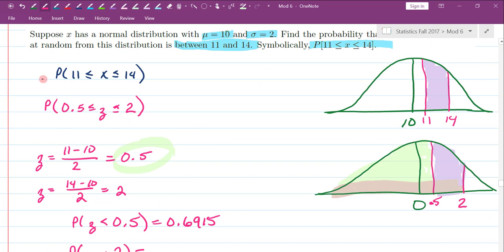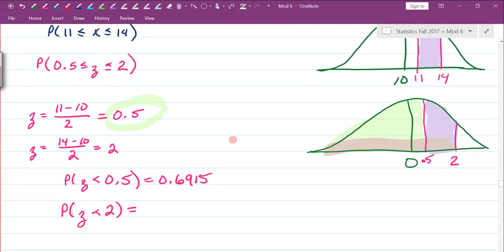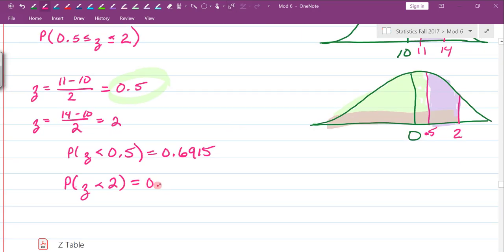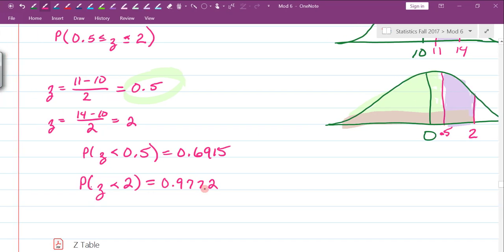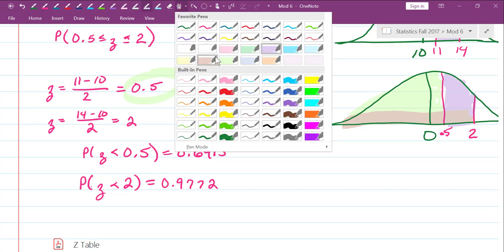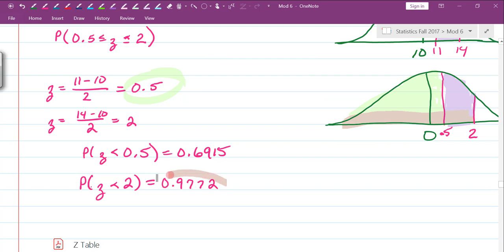So the brown area is 0.9772. Let me circle that in brown actually. The lighter green area is right there. And the difference should give me the purple, right?